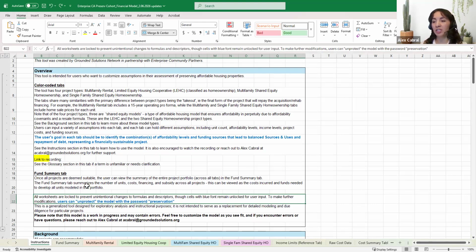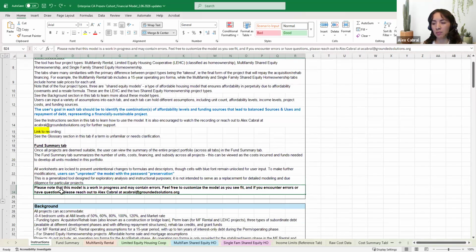The cells that aren't meant to be changed will be protected throughout the model, so that way you don't accidentally remove a key formula. But you can unprotect the model and change it if you'd like. And again, this is a note to please reach out with any questions or if you find any errors.